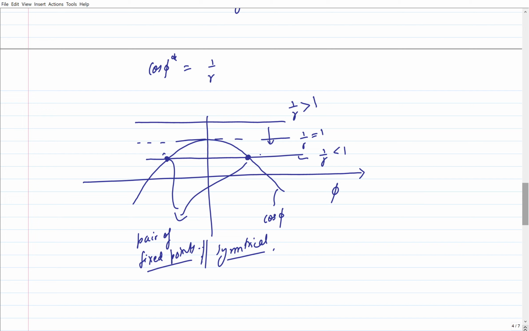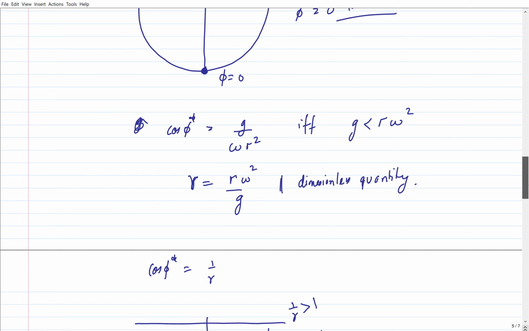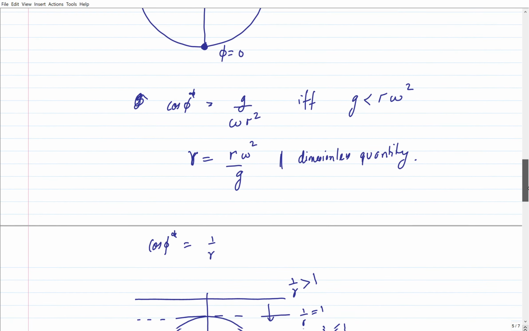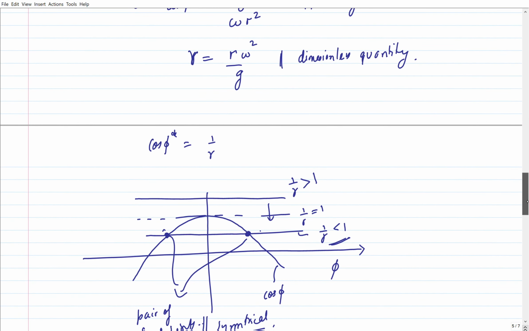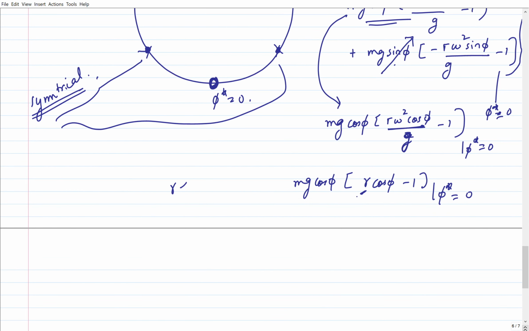Yeah. So when 1 over gamma is less than 1, or gamma is greater than 1, when gamma is greater than 1, what happens? This term is going to be a positive quantity.